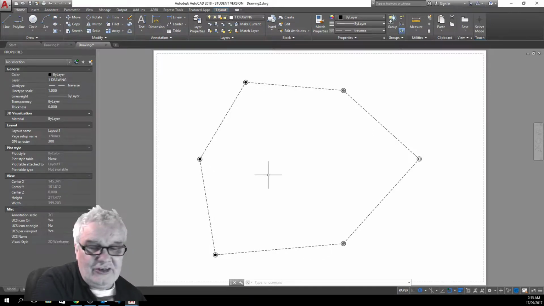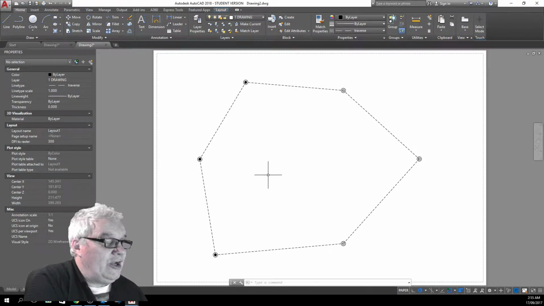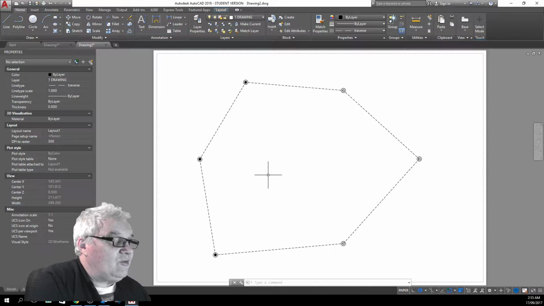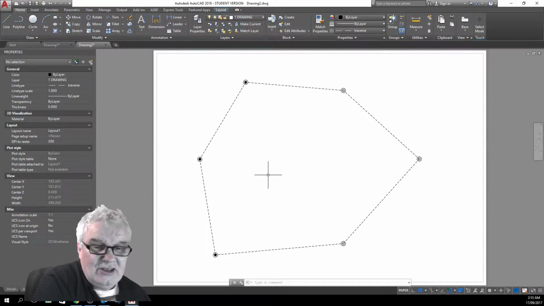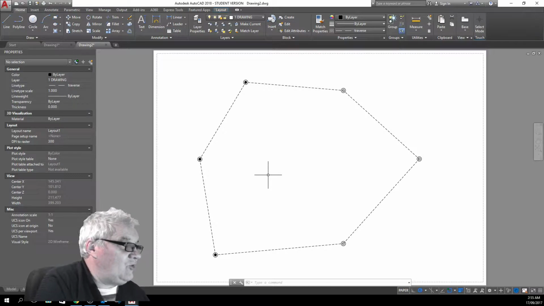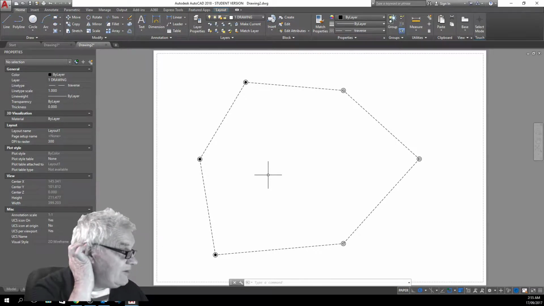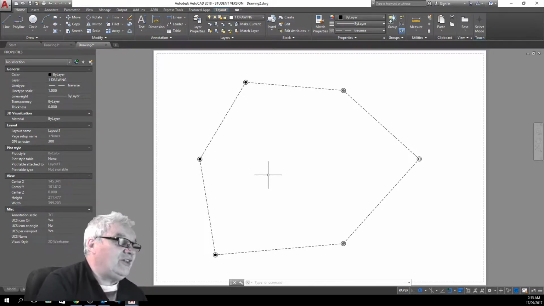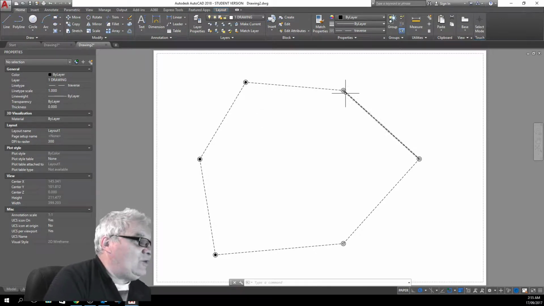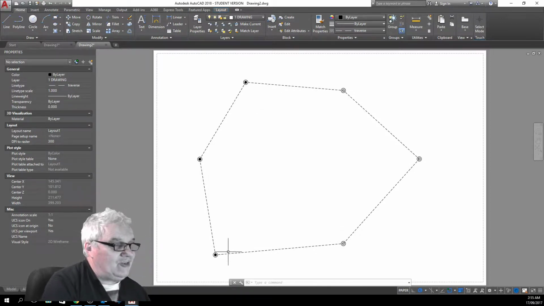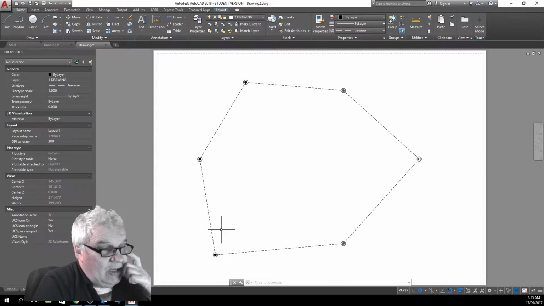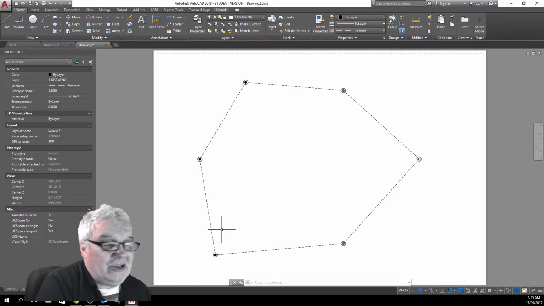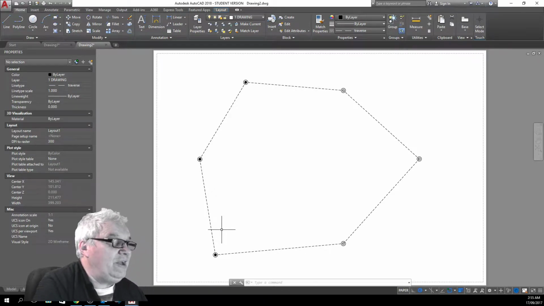The number of sides minus 2: 6 minus 2 is 4, times 2 is 8 right angles, and 8 times 90 is 720. So the sum of these interior angles should be 720 degrees, and if it's not, by using various methods we make sure that it is, so that we close the bearings.